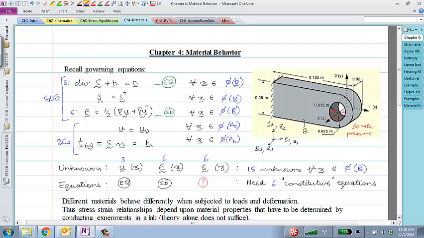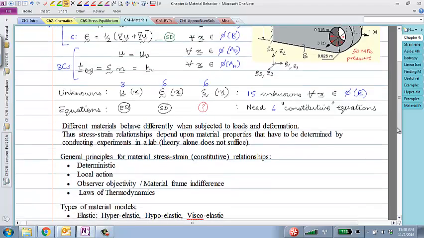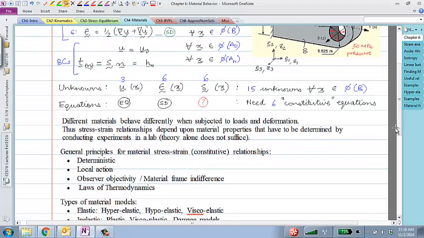We need 6 constitutive equations that relate stress and strain fields, and that's exactly what we are going to try to develop here. In order to develop constitutive material properties, as you can imagine, there are lots and lots of materials in the world, and each material behaves differently from other materials.